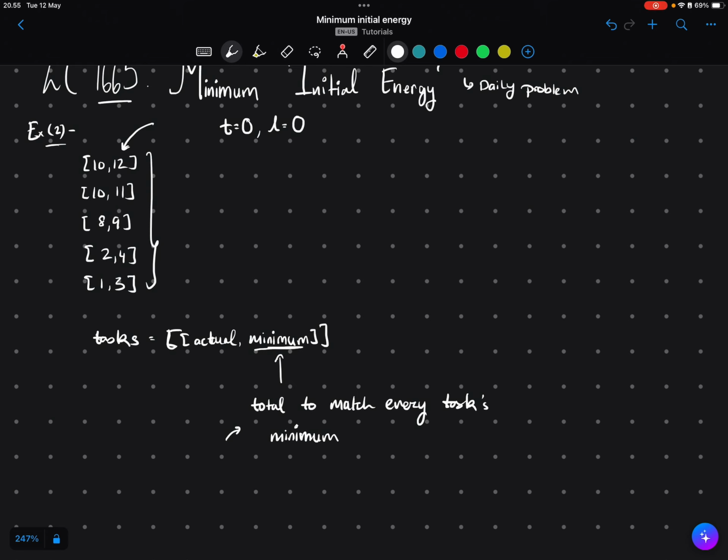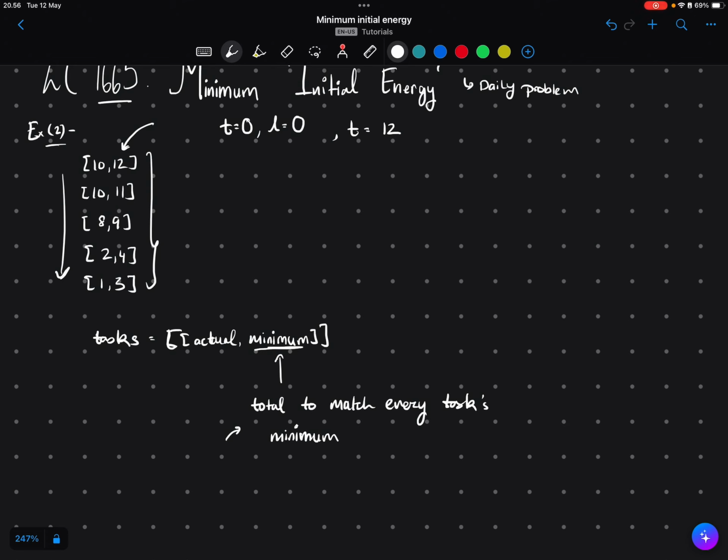Then we traverse through this array in this order. So you will see 10 and 12. We need 12 as our cost. To complete the first task we need 12, so we need to start off with 12. I would need to borrow 12 essentially.